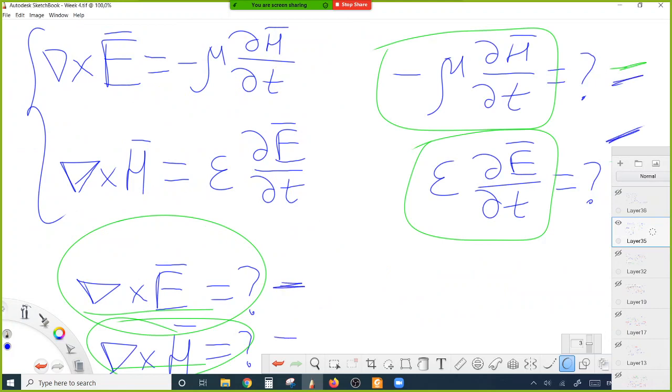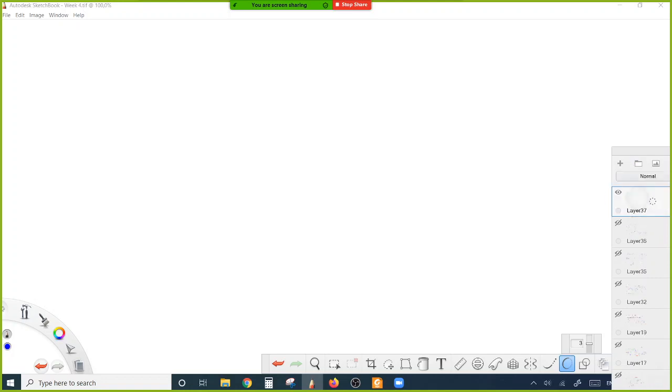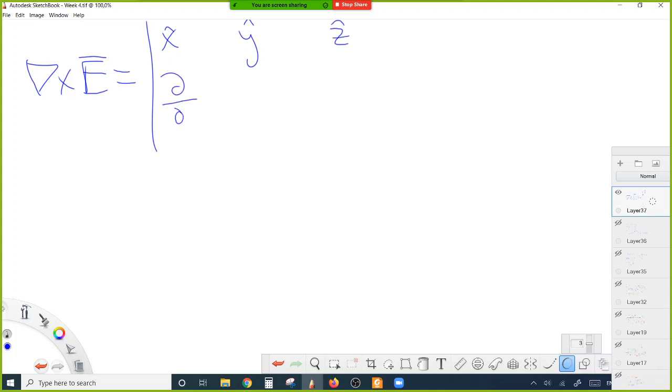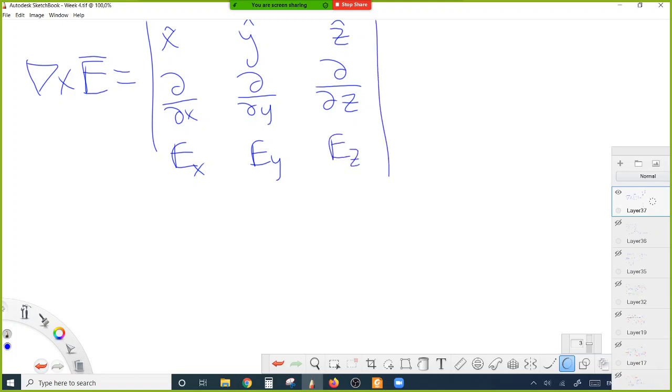Now we need to find the rotor of E and the rotor of H. So the rotor of electric field intensity E equals, again, we use the method of matrices: x, y, and z, d/dx, d/dy, and d/dz, and the components of E along x, along y, and along z.